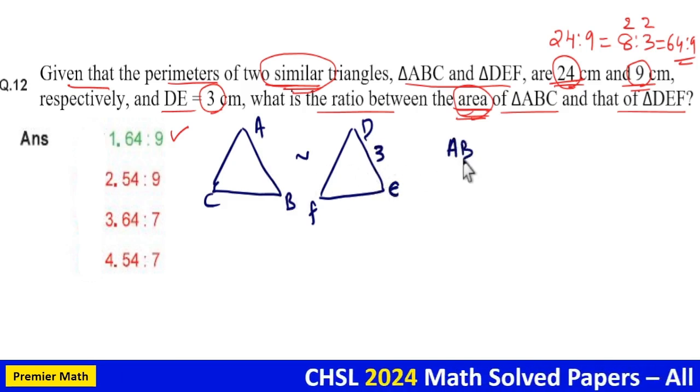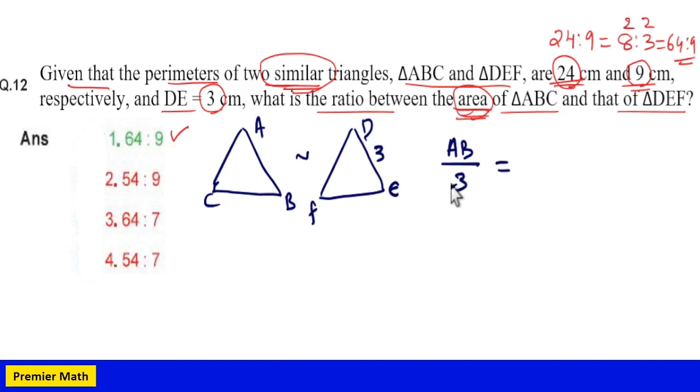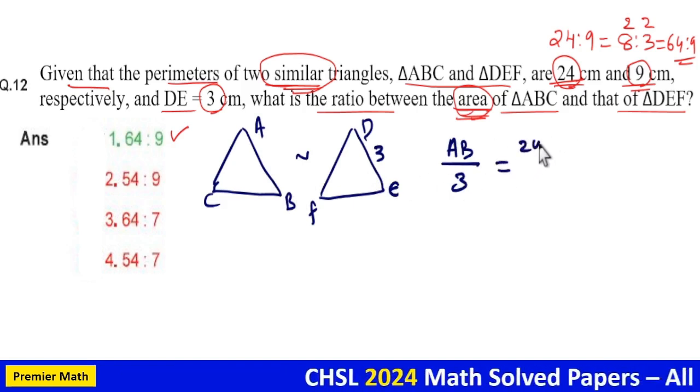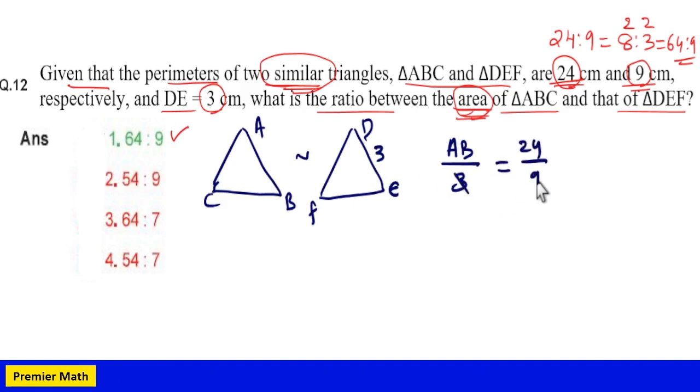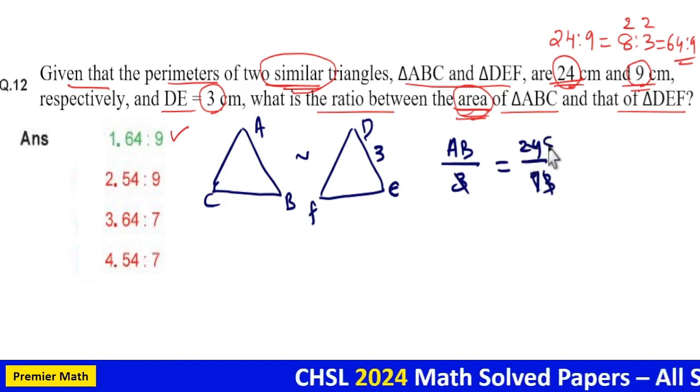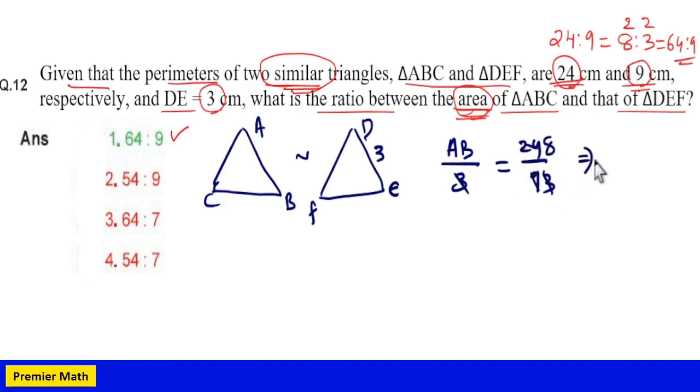then the ratio of AB by 3 is equal to the ratio of their perimeters, that is 24 by 9. Now you can see 3 goes 3 times in 9, 3 goes 8 times in 24. So AB is equal to 8.